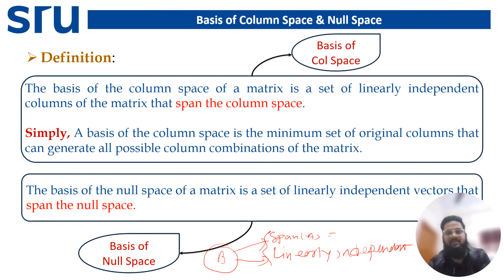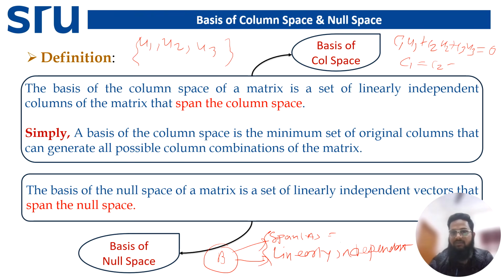In the previous examples we said that the combinations of column vectors are called the column space. Now to find the basis of the column space, we have to choose which columns are linearly independent. What is meant by linearly independent? Suppose you have vectors u1, u2 and u3. These three vectors are linearly independent if c1 u1 plus c2 u2 plus c3 u3 equal to 0, where 0 is the zero vector, not the scalar 0, and after solving this you get all of c1, c2, c3 as 0.